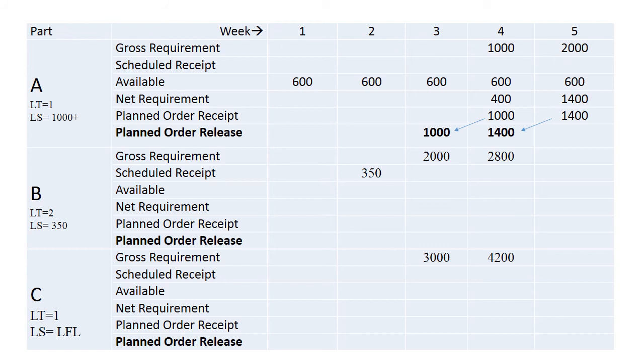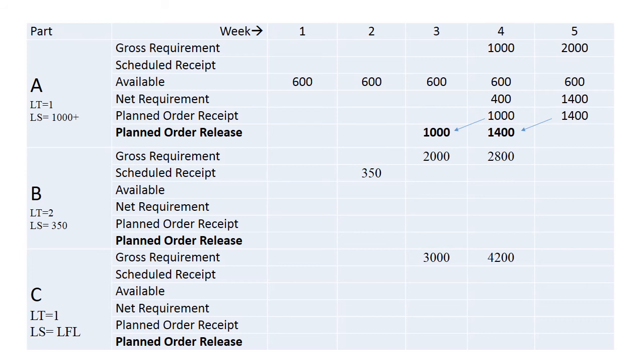Recall that we'll do B first and then we'll do C. So for B, nothing is available because if you recall from the problem statement, whatever you had is either safety stock or has been allocated for some other use.